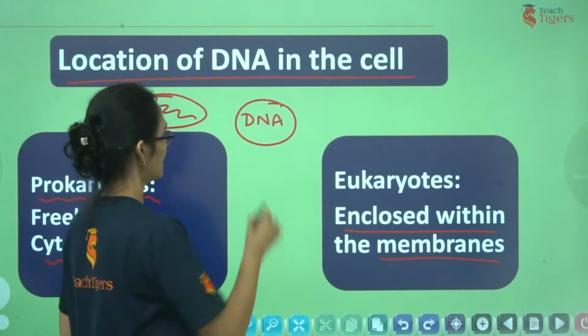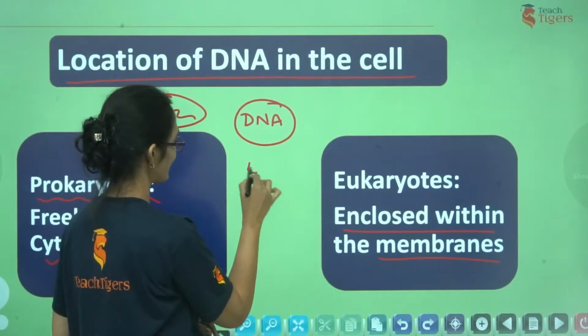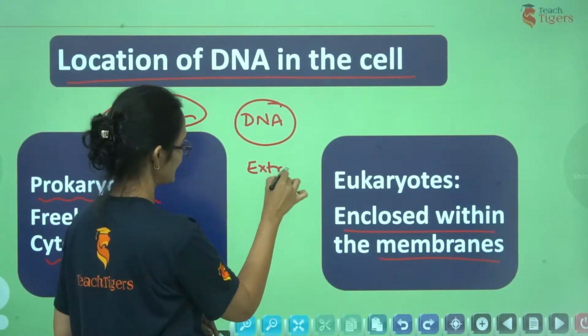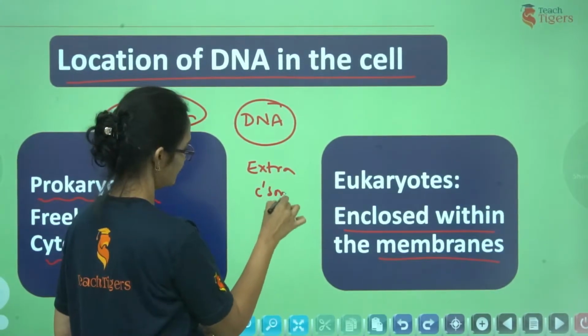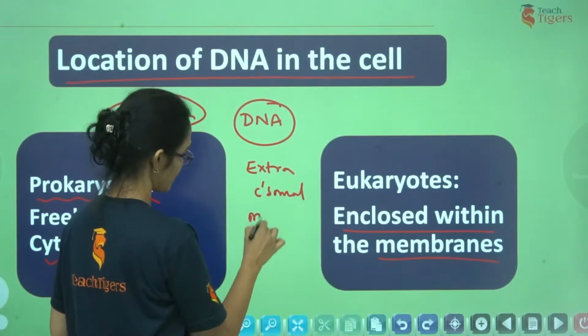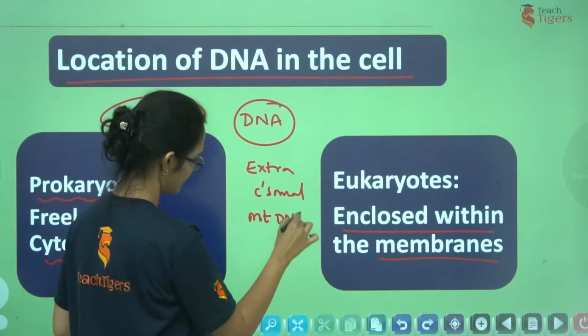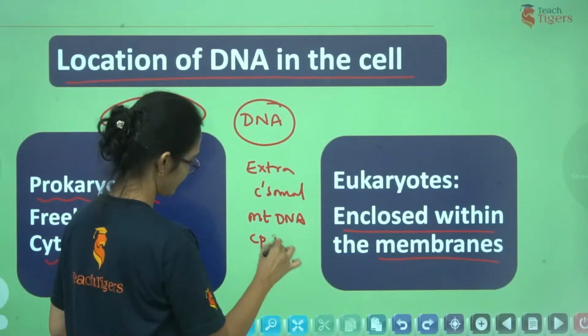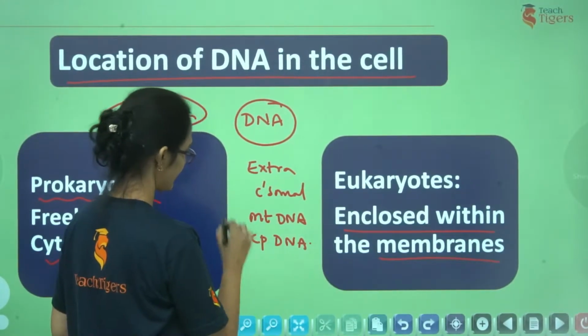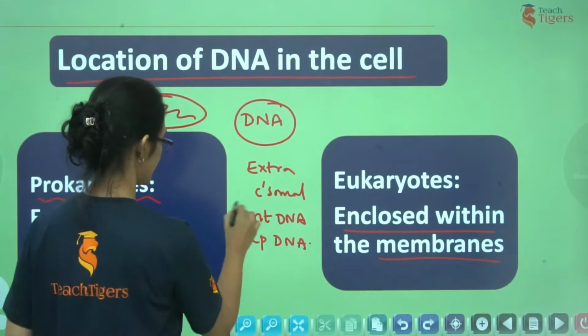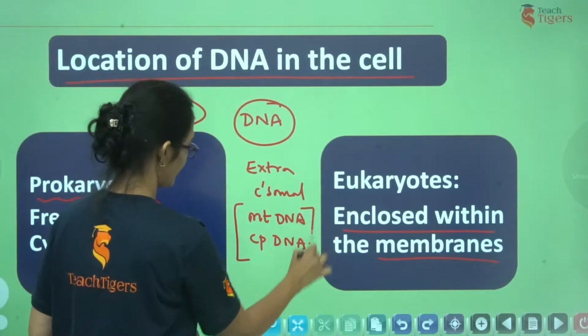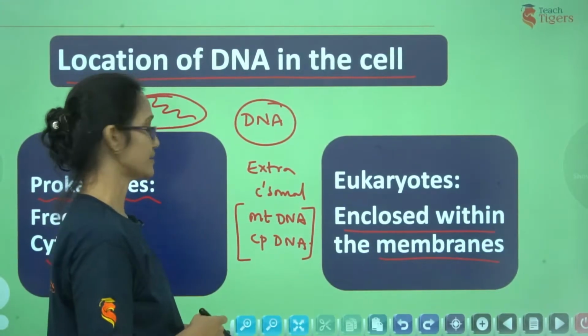Apart from this, a eukaryotic cell also has extra chromosomal DNA in the form of mitochondrial DNA and chloroplast DNA, right? So if you get a question like this, what are the extra chromosomal DNA locations in a eukaryotic cell?